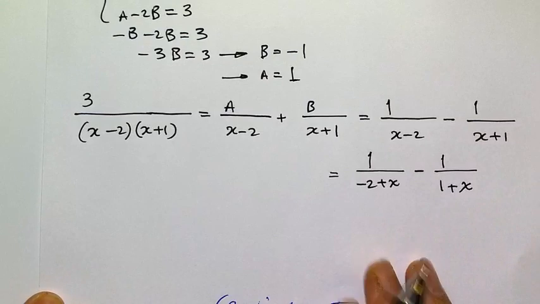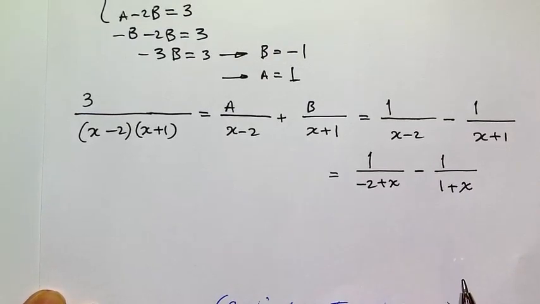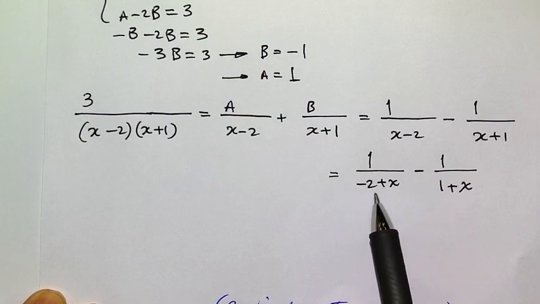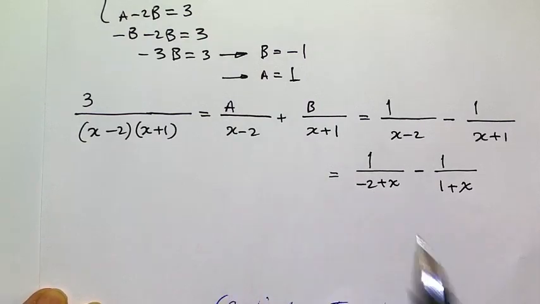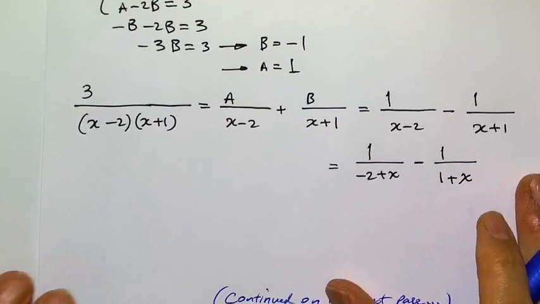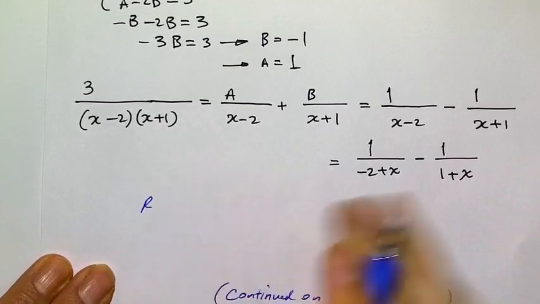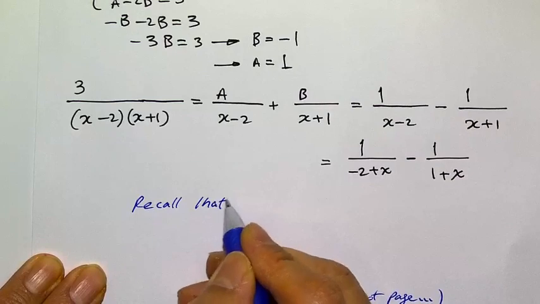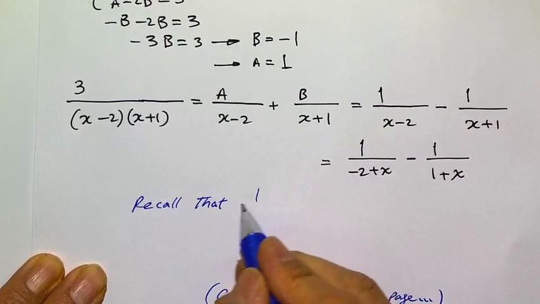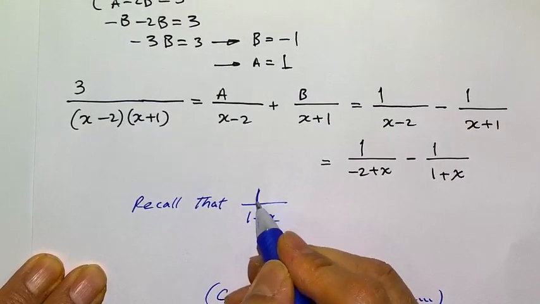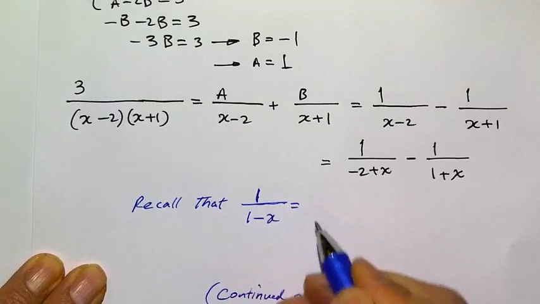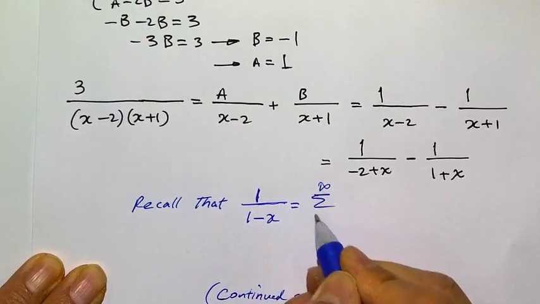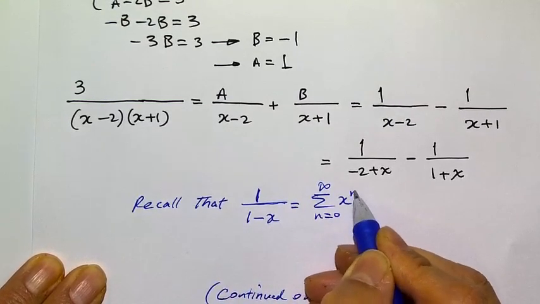Okay. All right, so now we want to put these in the, so let me recall once again. Recall that 1 over 1 minus x can be represented as this power series. Right?